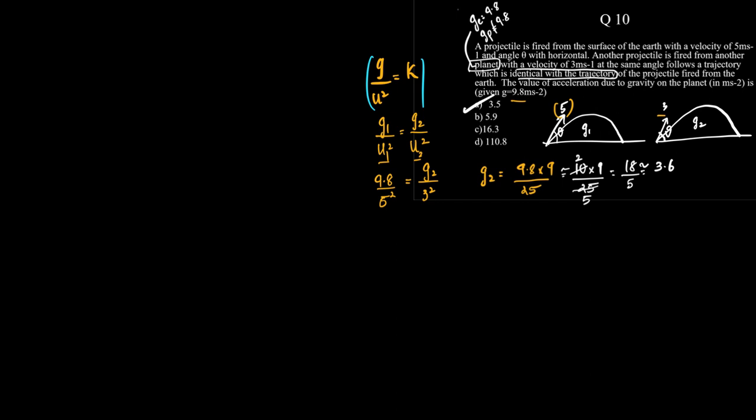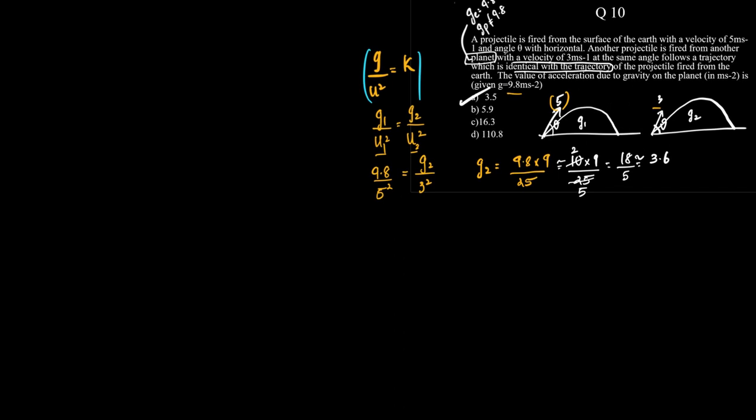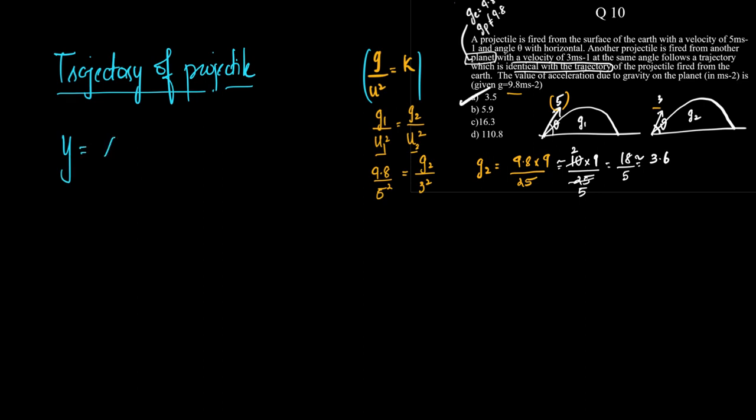So we know that the trajectory of projectile motion is given by the equation y is equal to x tan theta minus g x square by 2 u square cos square theta.